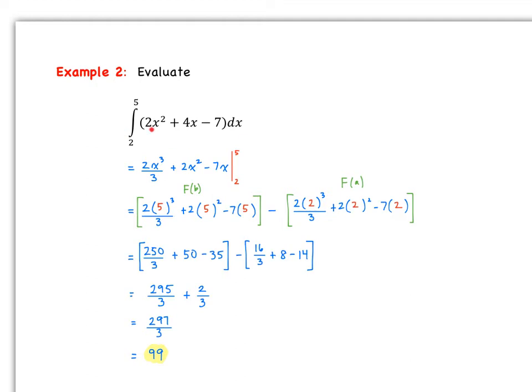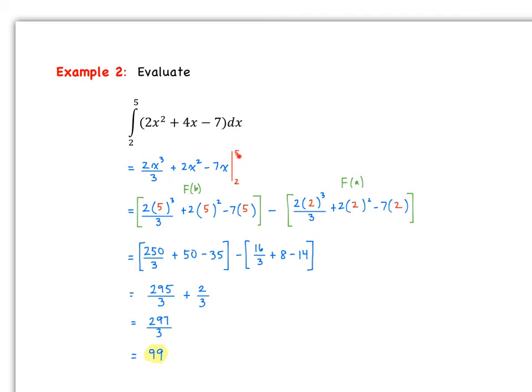So we can go ahead and integrate this function here. All right, and when we do, we get 2x cubed over 3 plus 2x squared minus 7x. Now the new part of it is we are going to evaluate it, that's what this line indicates, on our interval from 2 to 5.